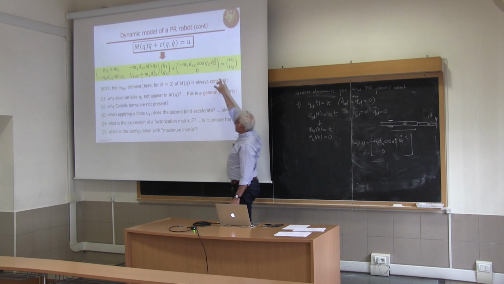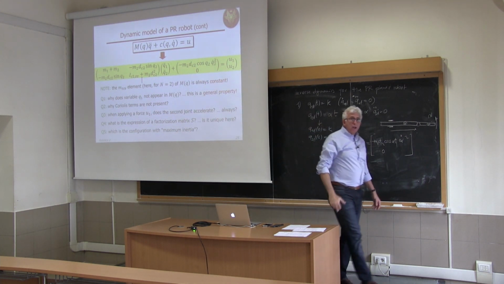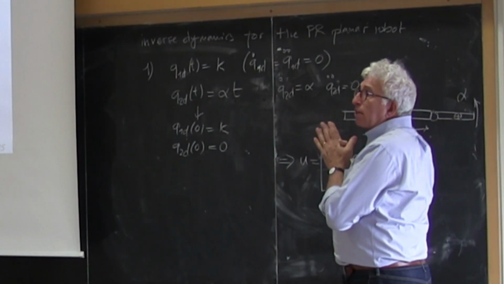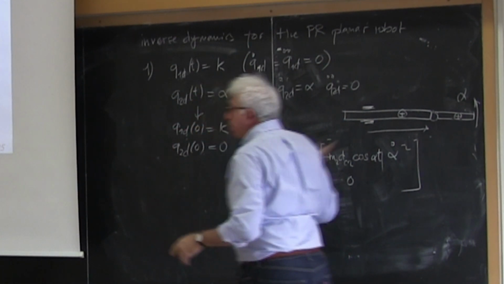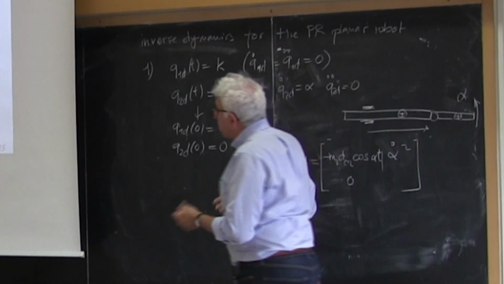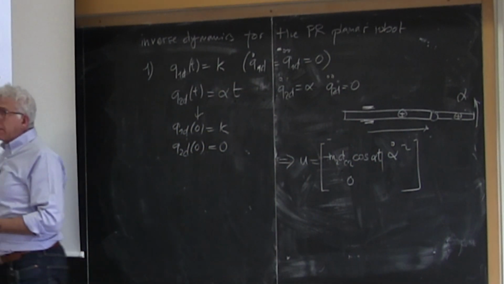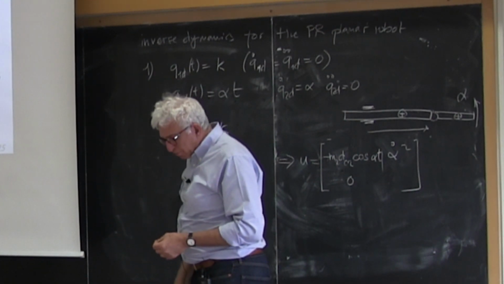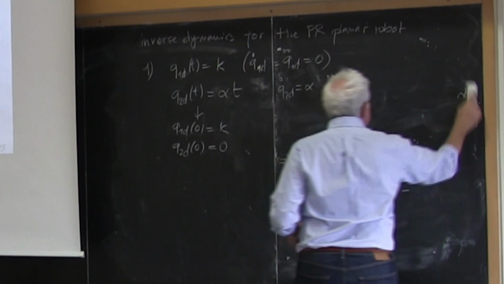So in fact, it's the torque or the force that we need to apply to joint 1 in such a way that the centrifugal effect is being compensated and the joint will not move because of the rotation. So this has a very nice interpretation, although I made some confusion now, but I was just missing the alpha squared term, which corresponds to q dot 2 squared. So this is one example. Let's do a second example.